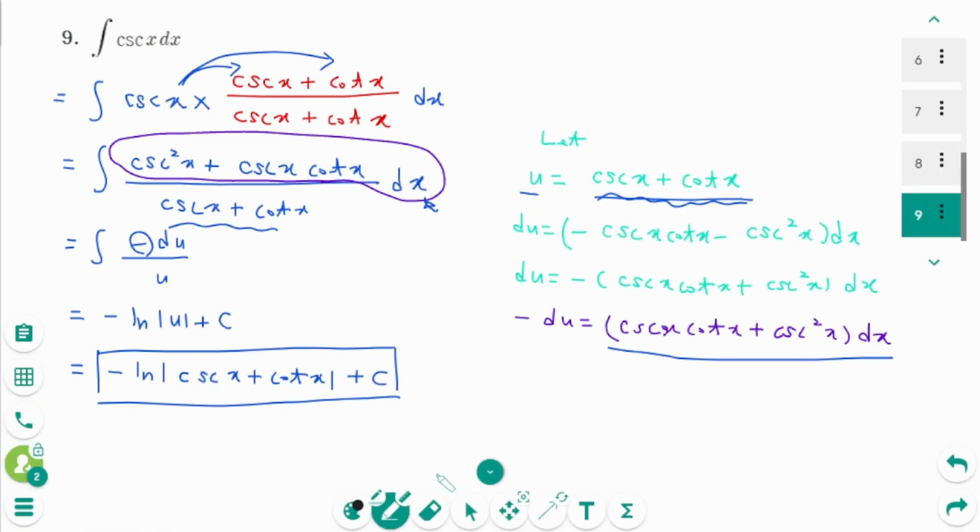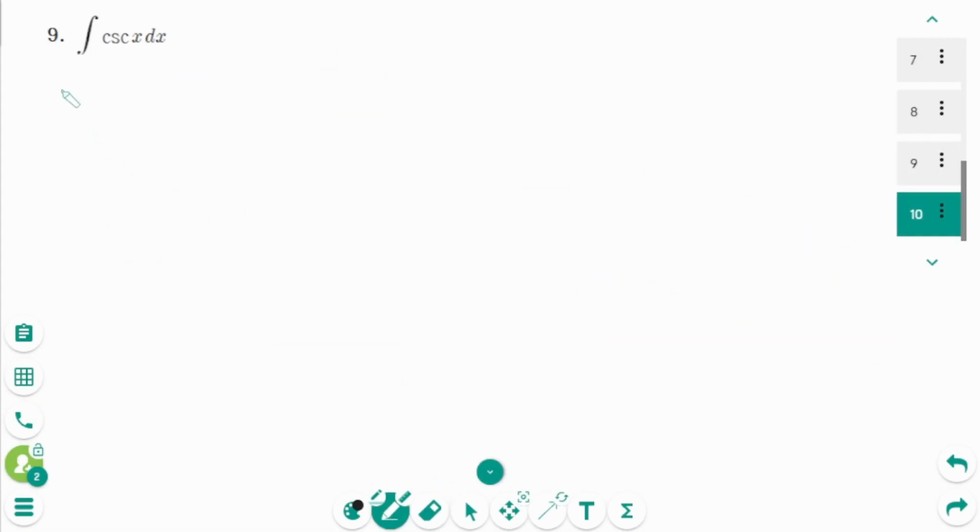But this time, let's get the second formula by integrating again from the beginning without changing the formula we have already found.